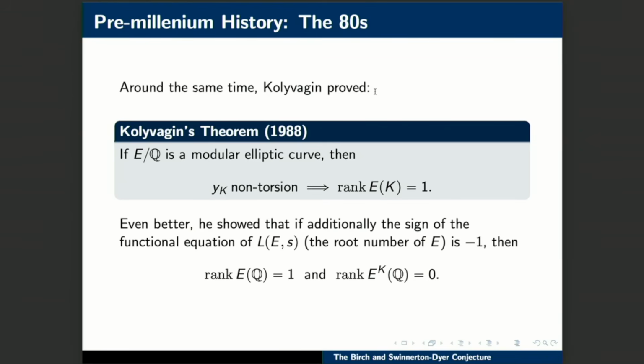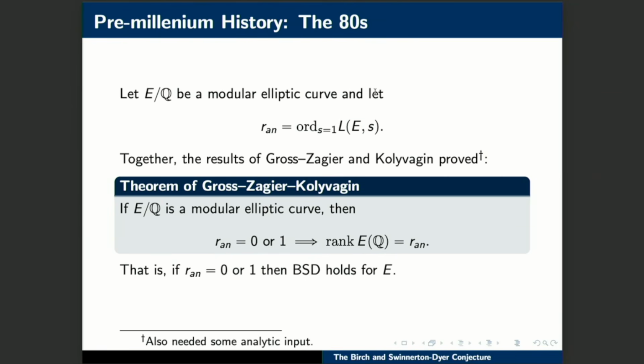And he could get refined results that actually said the same thing for the elliptic curve over Q, again under these conditions that the root number is -1. So exactly the conditions that Gross and Zagier looked at. If you combine the results, you get this famous progress towards the Birch and Swinnerton-Dyer conjecture.